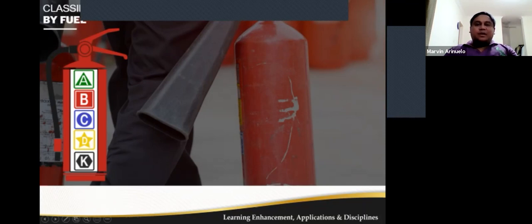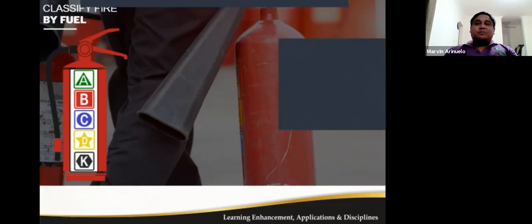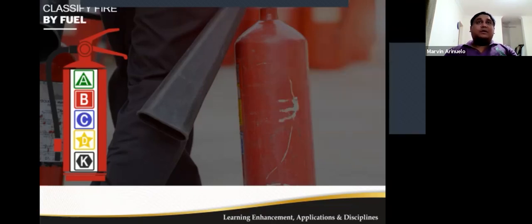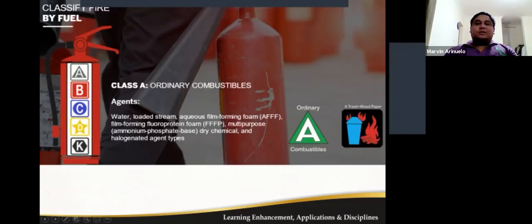Section 17 in Chapter 5 of your Fire Protection Handbook indicates that extinguishers are listed for use on one or more fire classifications. Probably you already have an idea on this because we had some discussion about this topic last meeting.